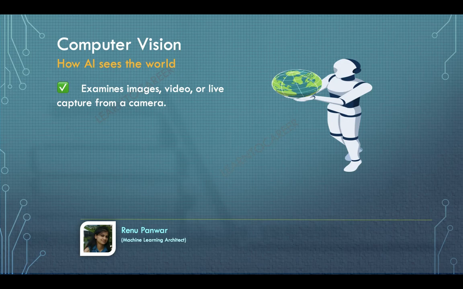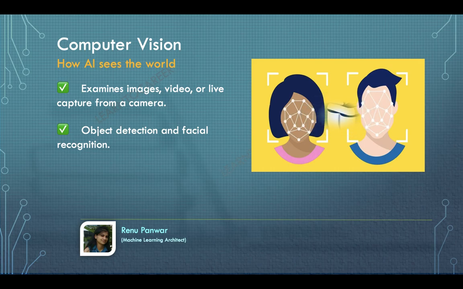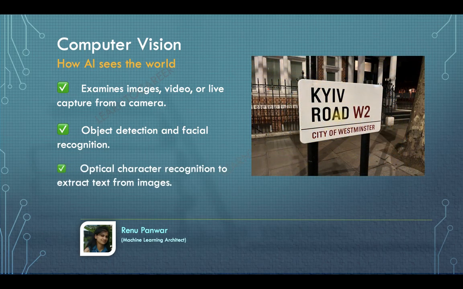In this realm, we also have things like object detection and facial recognition, where we can detect and even recognize faces. We also have things like optical character recognition, where we can extract text from a picture.